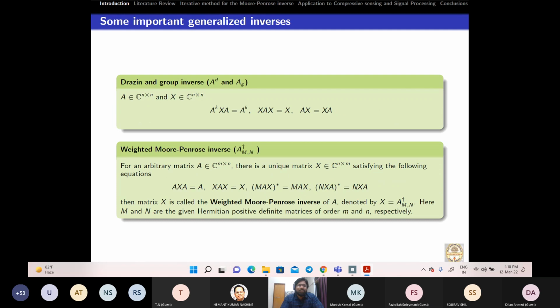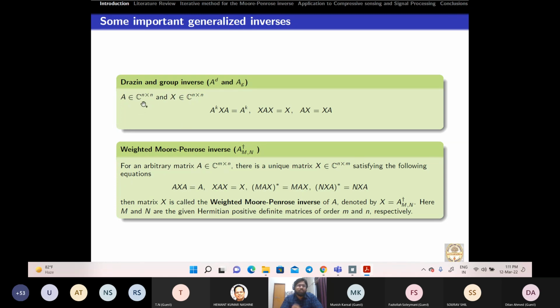In the slides, I am also trying to discuss some other generalized inverses. I am not focusing on these. The main motive is that you should at least be familiar with different kinds of generalized inverses which satisfy different conditions. For example, the Drazin and group inverse.